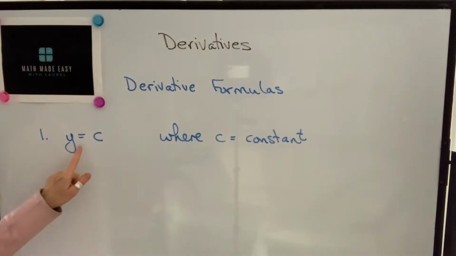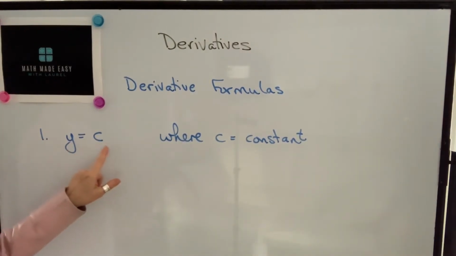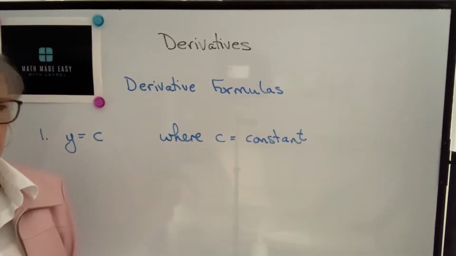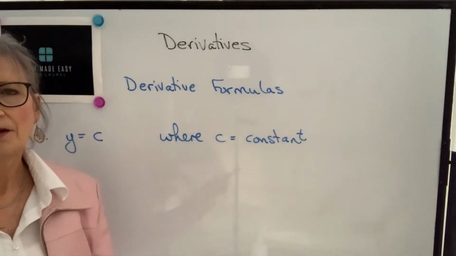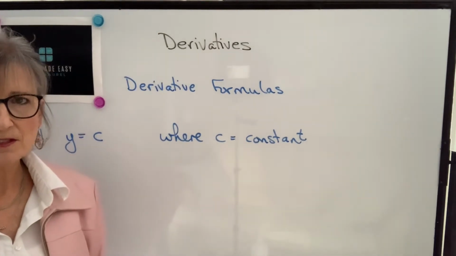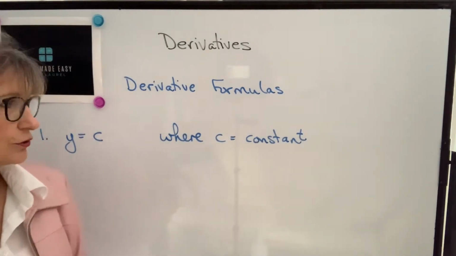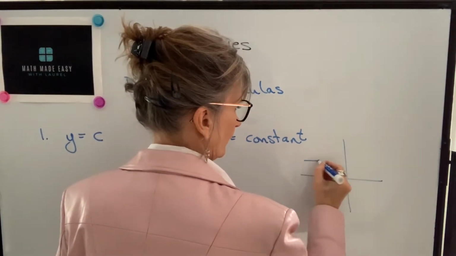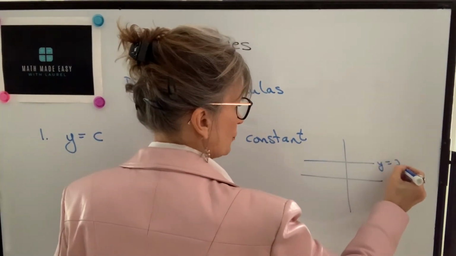Our first formula is if our function is equal to a constant. So y equals c, where c equals a constant. So that constant could be 5, could be -1. It's a constant value, and if we were to graph it, it would be a horizontal line. So let's say this is y equals 2.